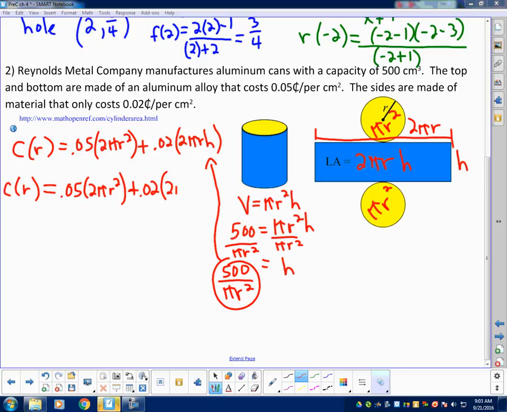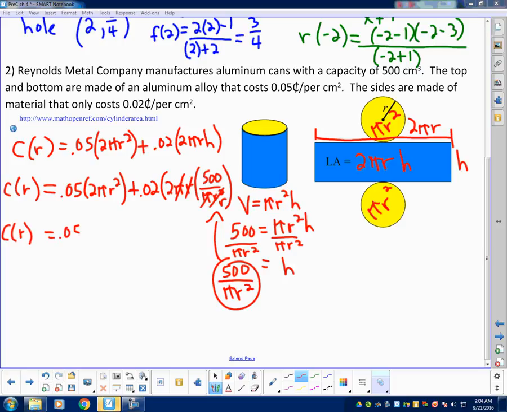It's 2 pi r, and then in place of h, I'm going to put 500 over pi r squared. And so the pi's cancel. One of the r's cancel, leaving just one r.